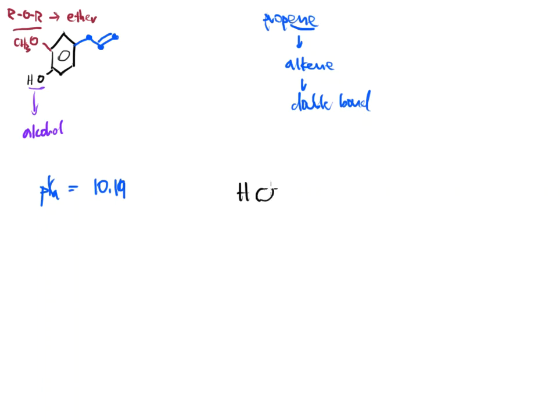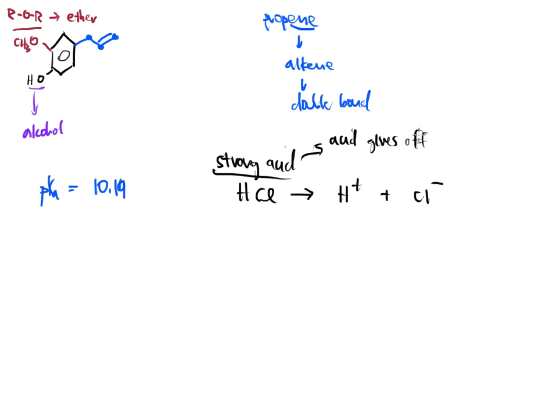So let's say that we have an acid like HCl, and that HCl is going to break apart into H plus and Cl minus, because HCl is a strong acid, right? And we said the definition of a strong acid is an acid that gives off all of its protons. And a proton is simply a hydrogen here.